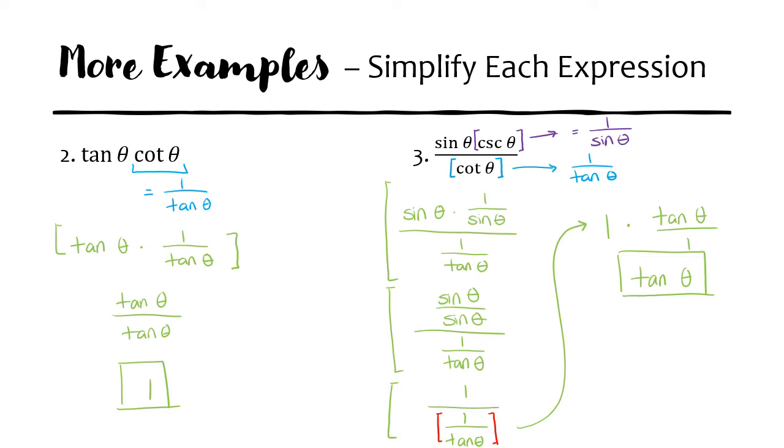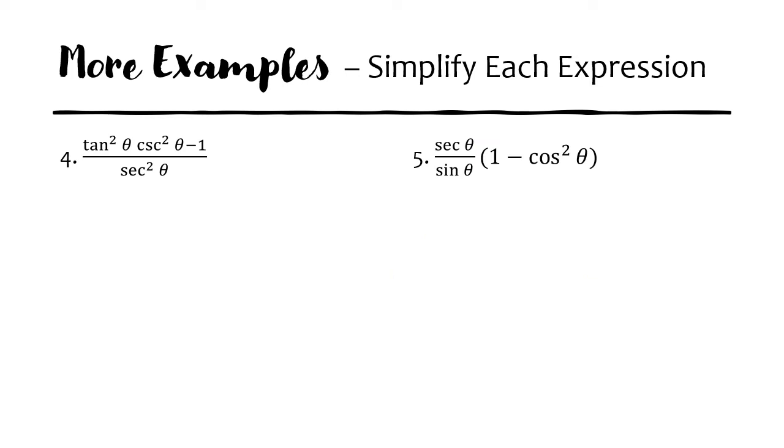Okay, I've got a couple more examples for us. Let's dive in. These ones get a little bit more complicated because you can see all of a sudden there are squared things involved. So let's maybe make some notes about how we can rewrite these various things, starting with number 4.